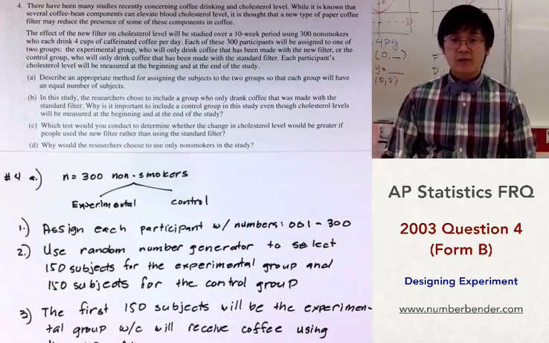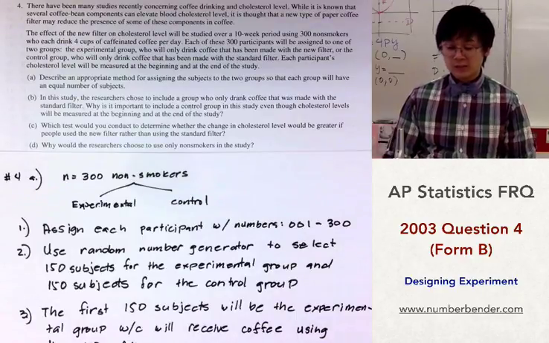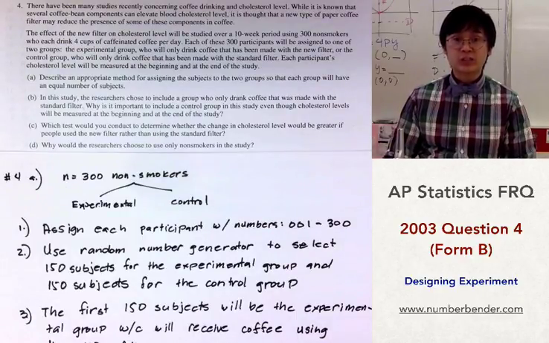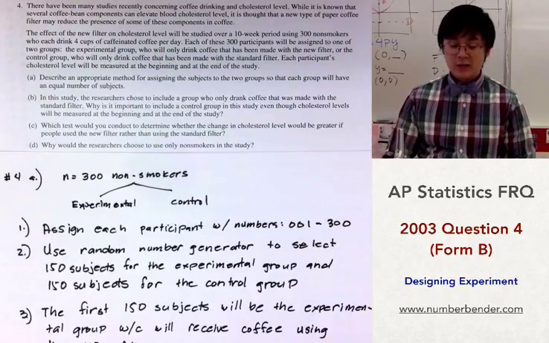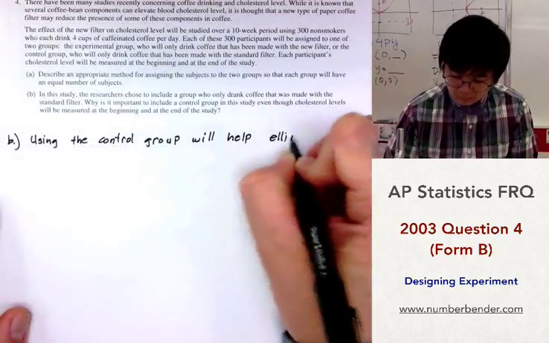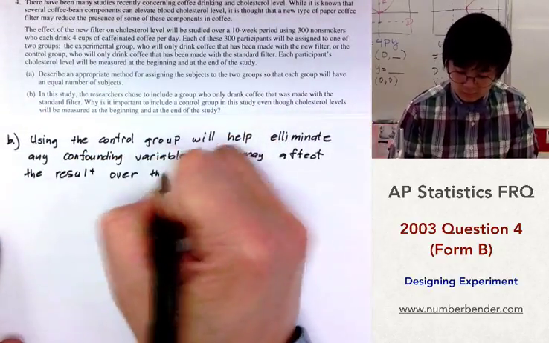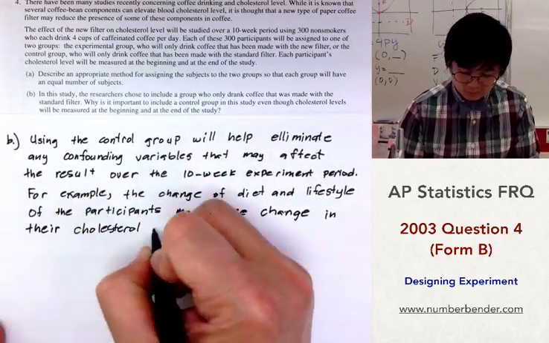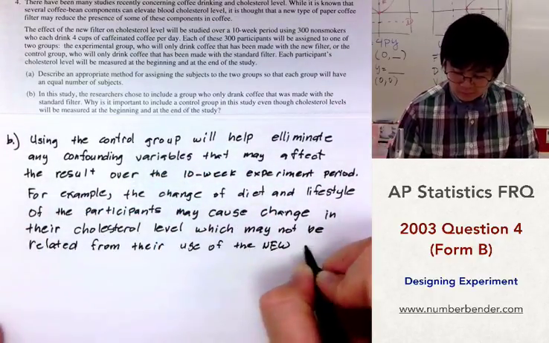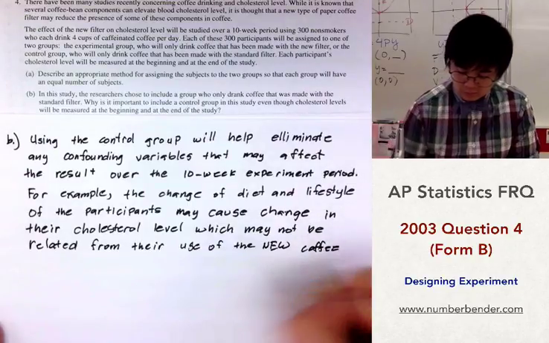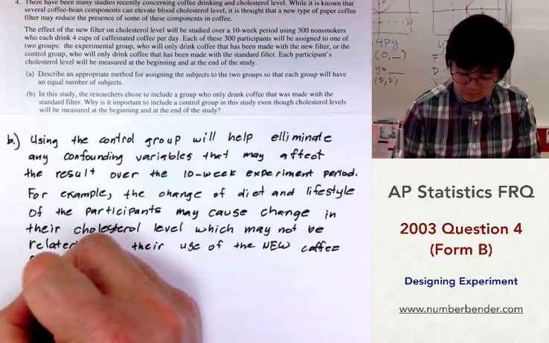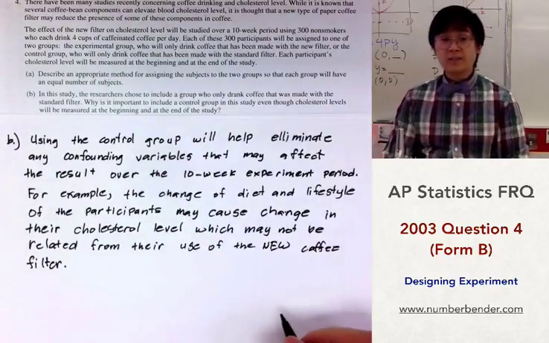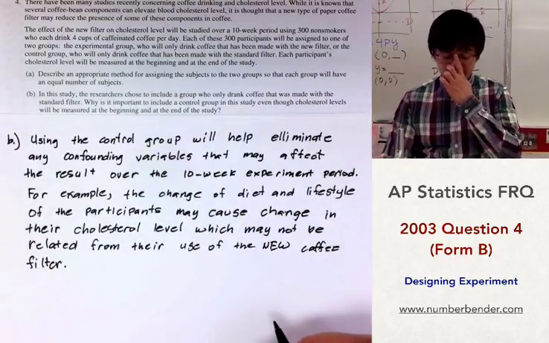So we can focus on that concept to justify why we need a control group in our experiments. Let's go ahead and write out our answer for problem letter B. And this is our answer for problem letter B.